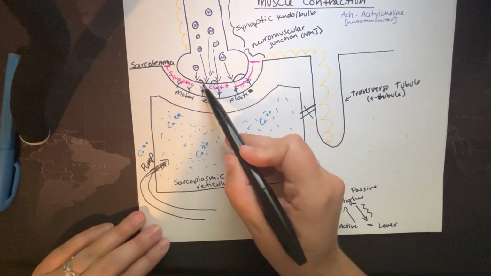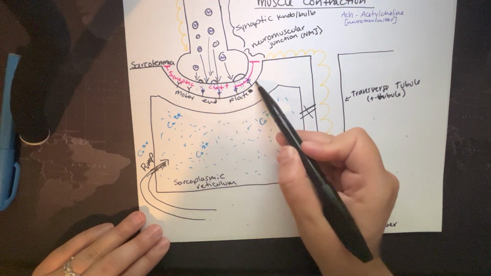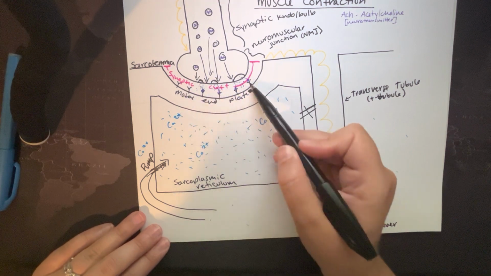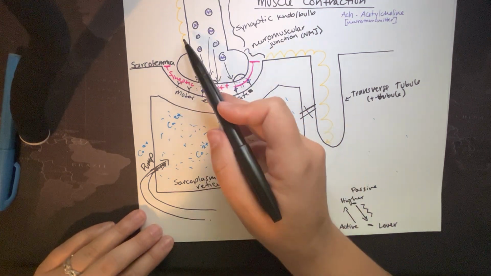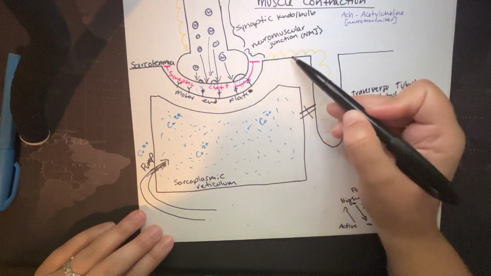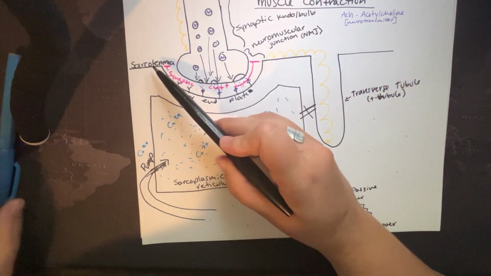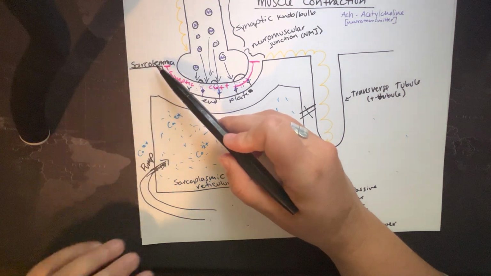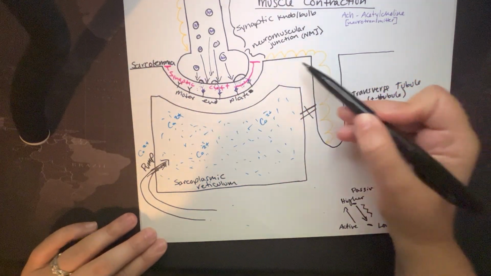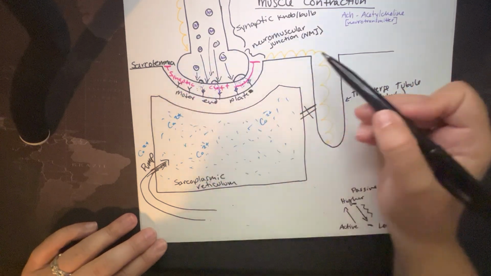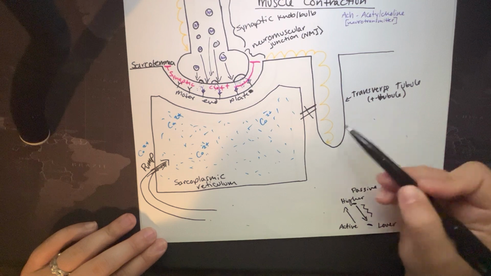That acetylcholine is going to transfer across the synaptic cleft and bind with our receptors. Once they have bound with the receptors on the motor end plate, the signal is going to continue down the sarcolemma, because the sarcolemma is able to send electrical signals. So it is going to continue sending that signal down the cell membrane until it reaches the transverse tubule, our T-tubule.